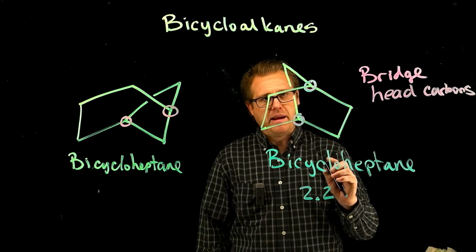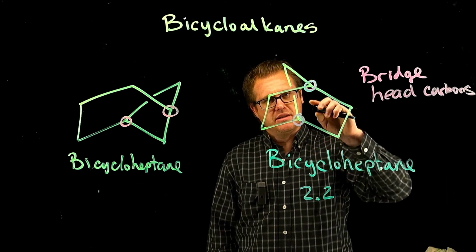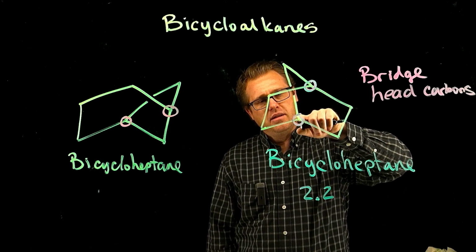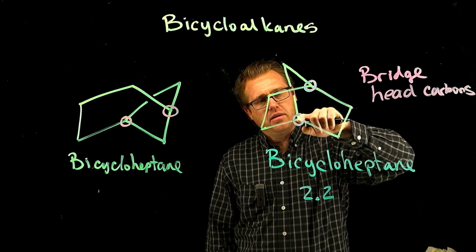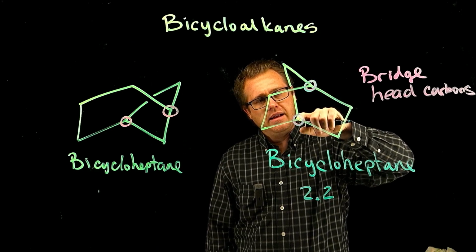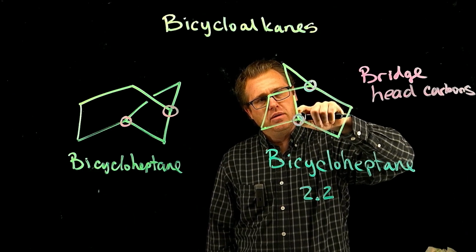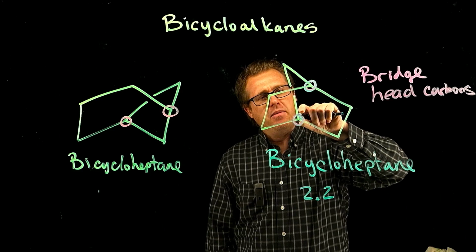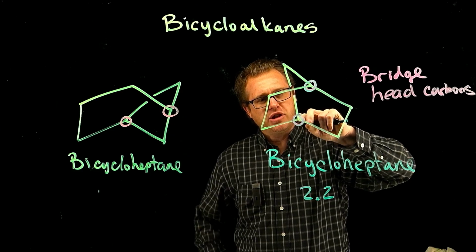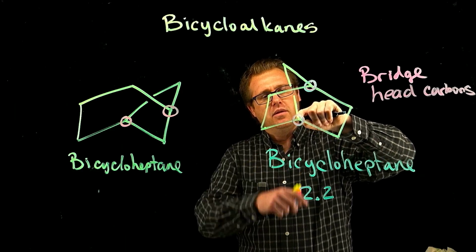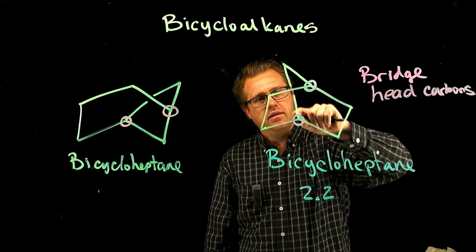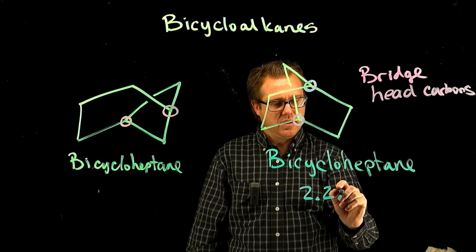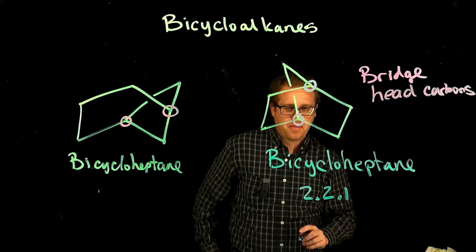Now I find another path between the bridge carbons, from this path to that path. And I see 1, 2. How many carbon atoms are in between those 2 bridge carbons? 1. So this path right here. So 1, and then I put a little like that.